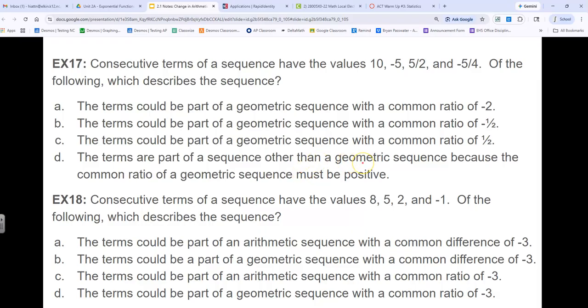The last one says this is not a geometric sequence for a weird reason. I'm feeling like it's not D, but we'll see. So if we are going from 10 to -5, what number are we multiplying by?